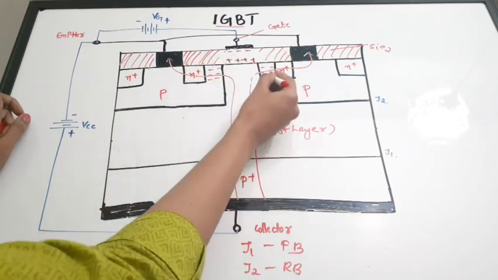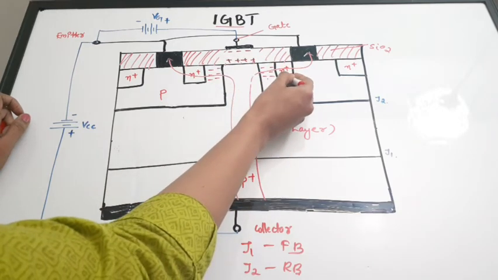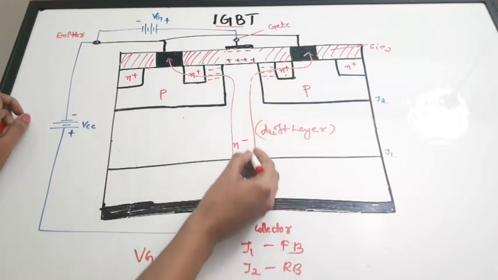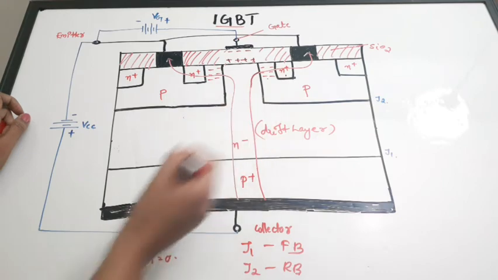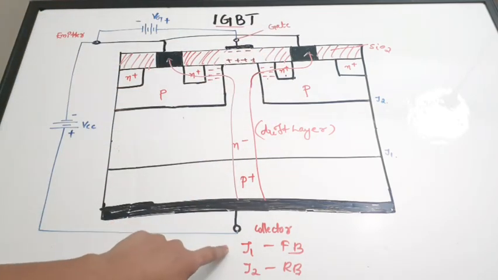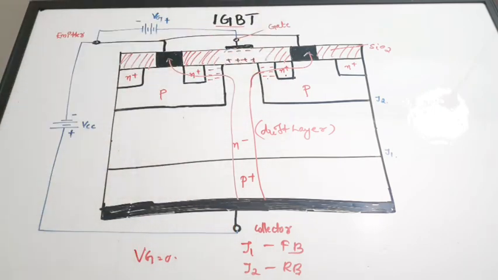So there is a negative here, there is an n plus here, and this path is completely n minus. So a conducting path is actually formed, and then the current will flow from collector to emitter. So this is actually controlled with the help of a gate. This is how the IGBT is actually working.